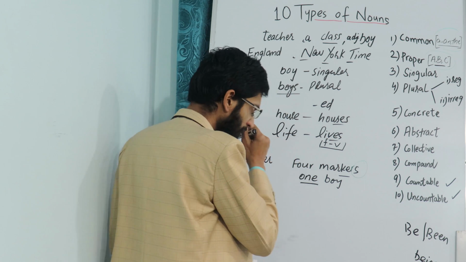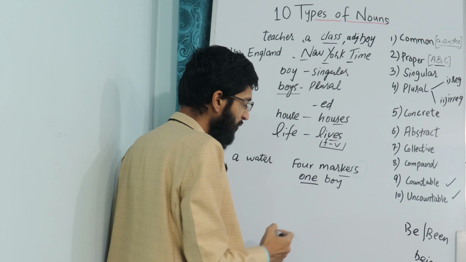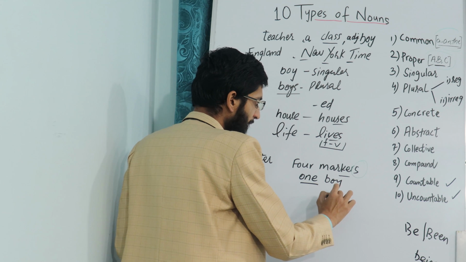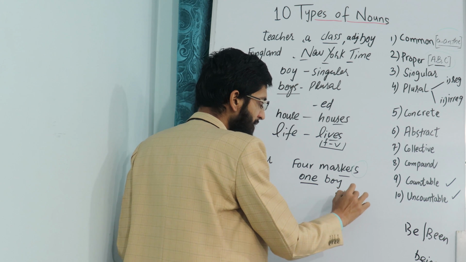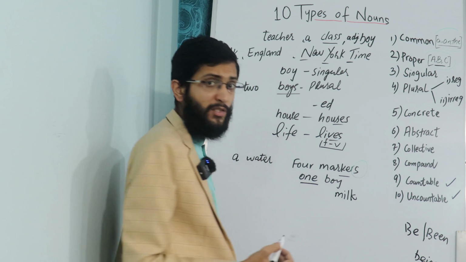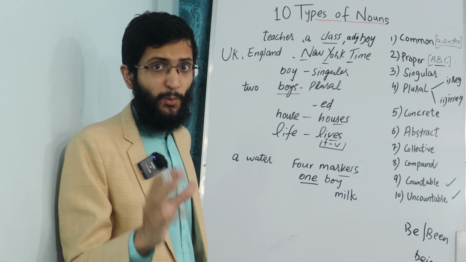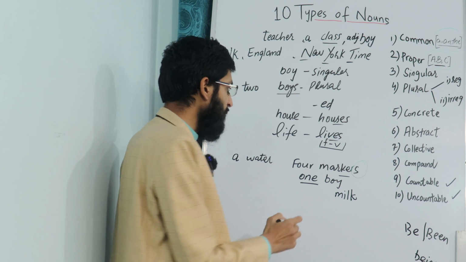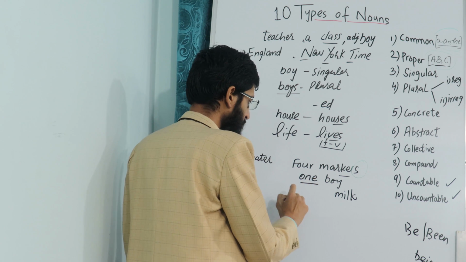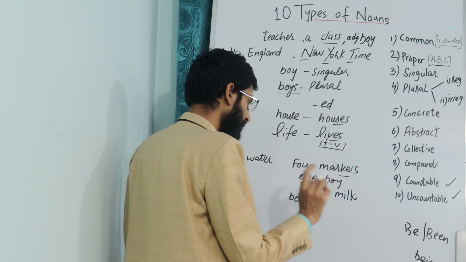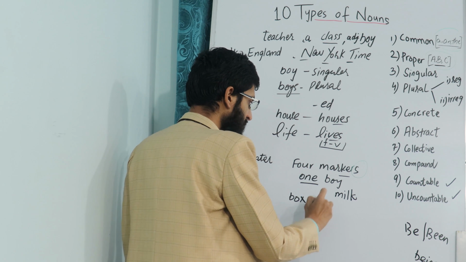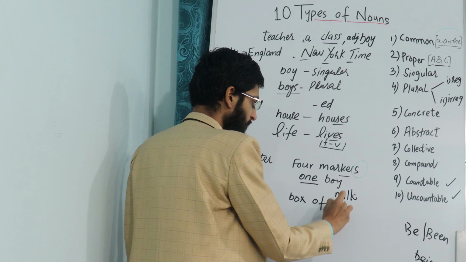Uncountable nouns are those, for example, I have told you the example of water and milk. Milk is uncountable. You can't count milk. You would never say 2 milks, 3 milks. But one thing, when you say box, you can count box. You would say box of milk.